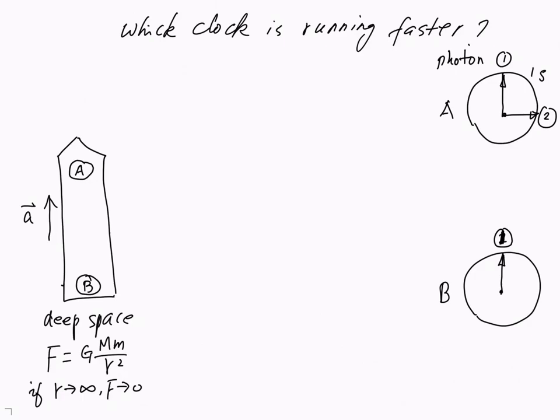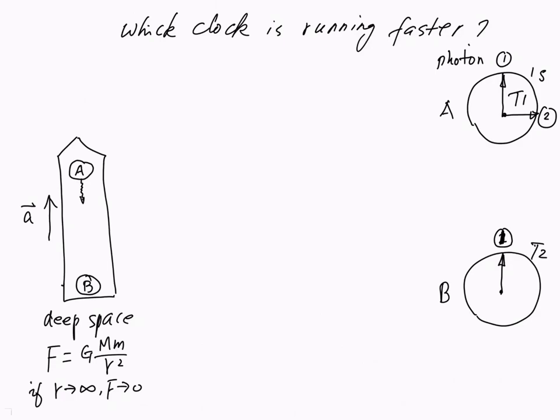Then when does clock B receive the second photon emitted by clock A? That will determine the gap between the ticks, which would be T2. We want to find out what T2 is and how it compares with T1, which is 1 second apart. To find that out, let's go back to the deep space within that rocket.